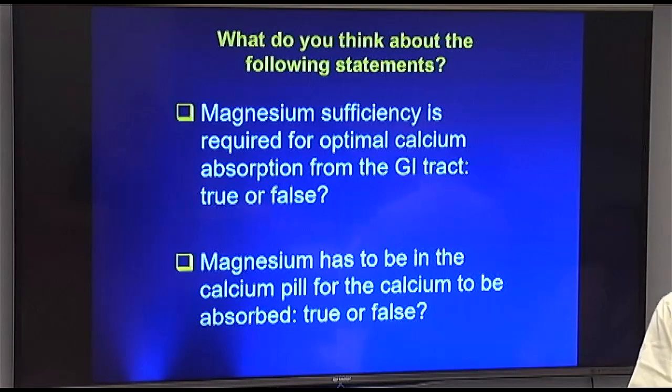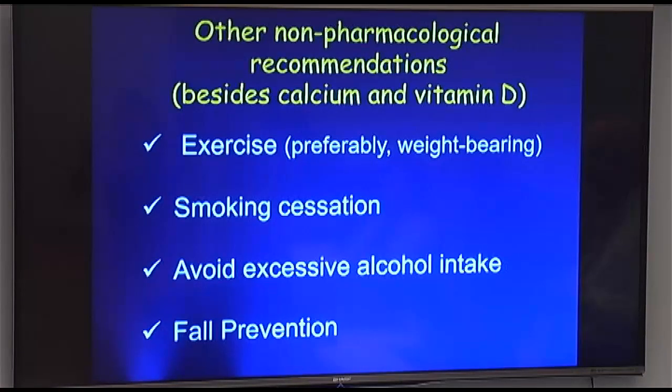Not to facilitate the absorption of calcium, but to help with the constipation. Because magnesium, as you know, can be a cathartic. So if you have a little bit of magnesium in the calcium pill, that might mitigate that potential issue with regard to calcium carbonate.